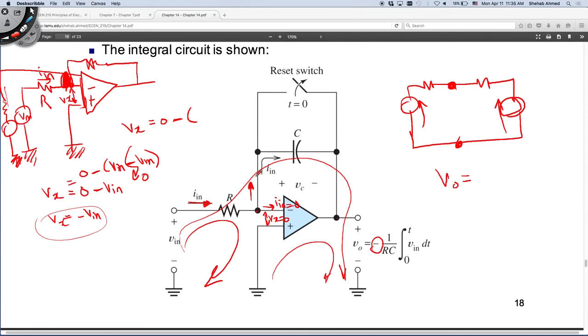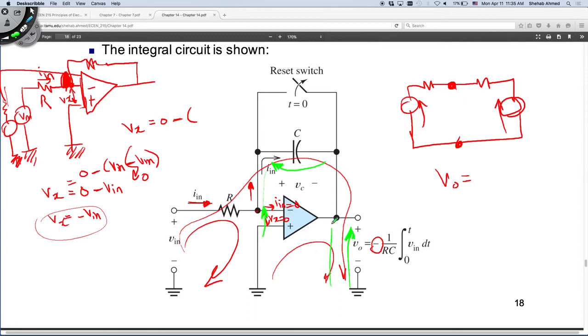So I have the current flowing through the capacitor, and I have the voltage across the capacitor equal to Vc. Also, since Vx is equal to 0, I can take this loop here. The current flowing in the capacitor will cause a voltage drop in the opposite direction, and then this Vx is 0.